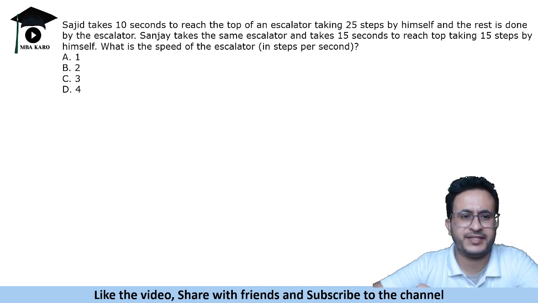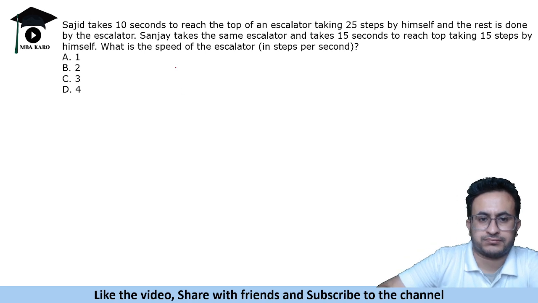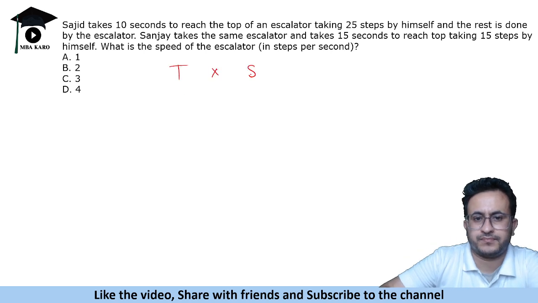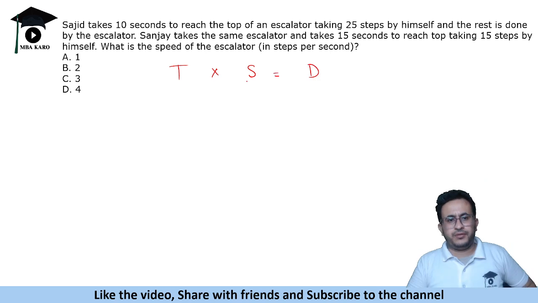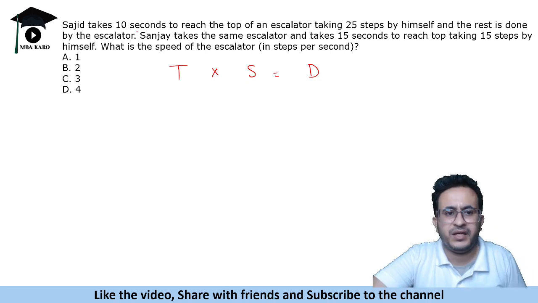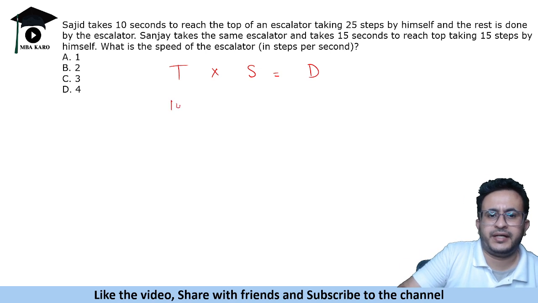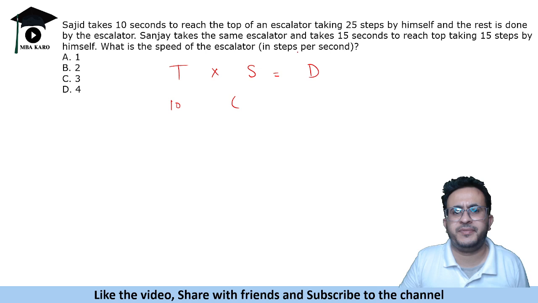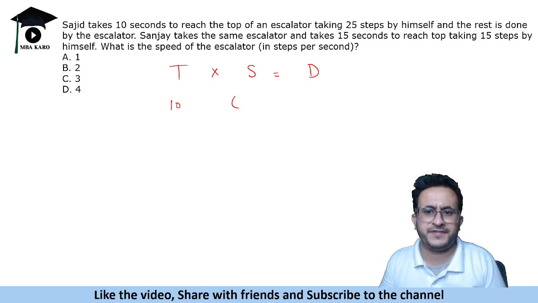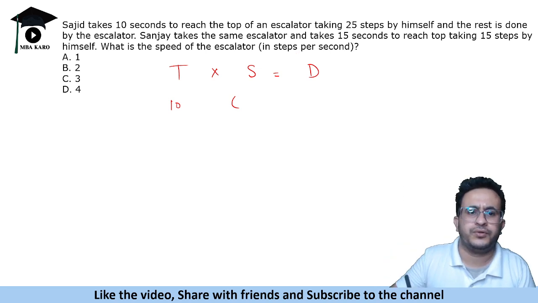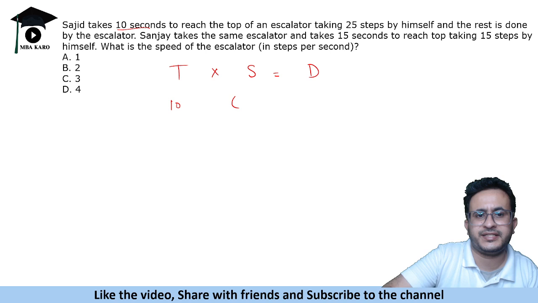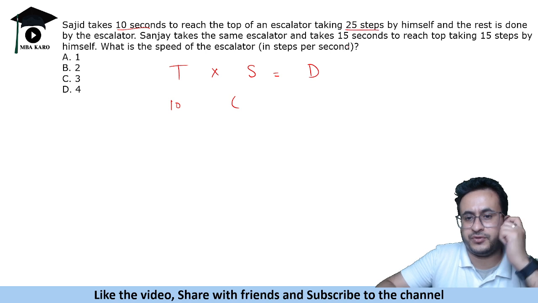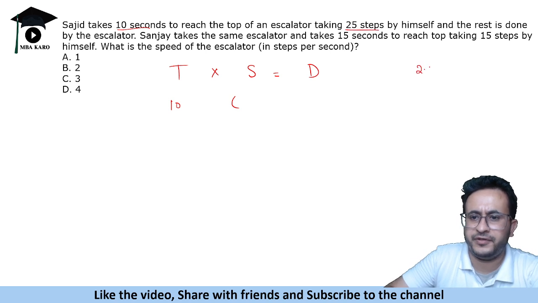Okay, so let us understand this. The person takes 10 seconds. Now the time is 10, and the person takes 25 steps. So he takes 10 seconds and 25 steps, so his speed is basically 2.5.